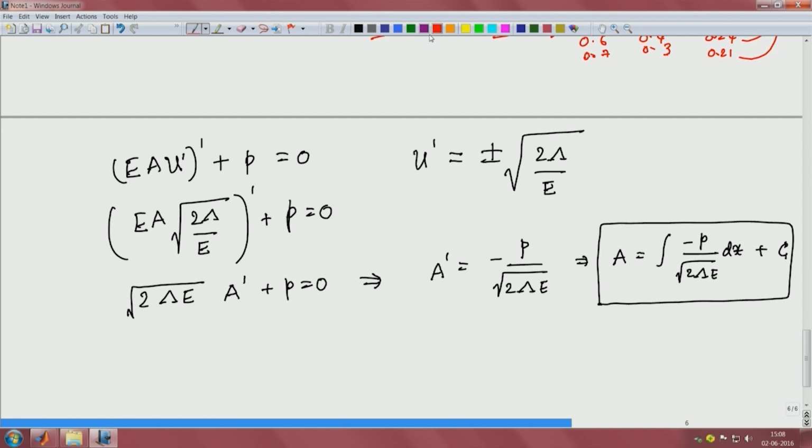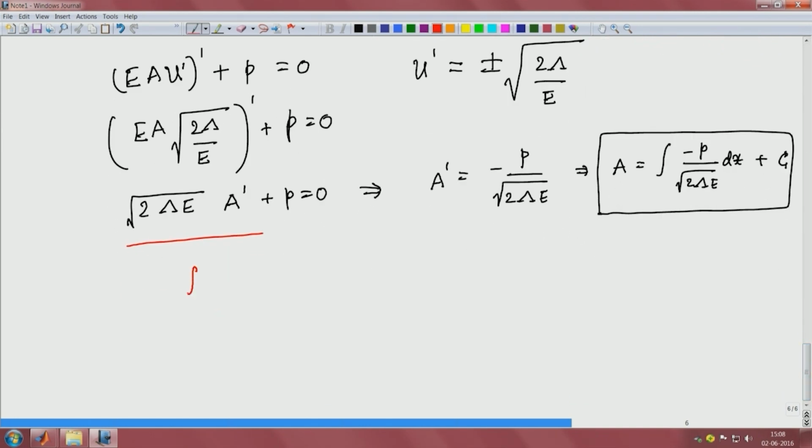Let us take a special case, okay, of let p of x, it is actually a function that can vary whichever way you want, but let us take it to be some p0, some constant, that is everywhere we are applying the same force p naught, right.